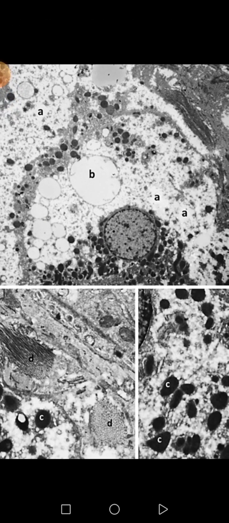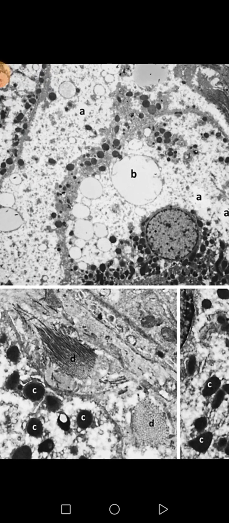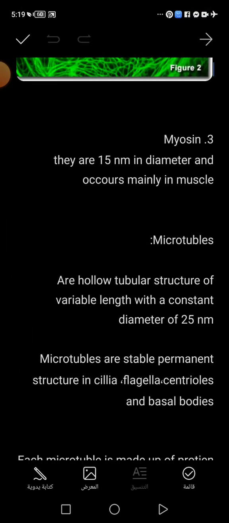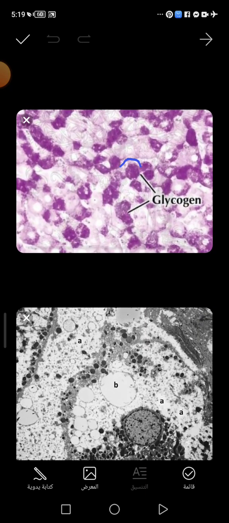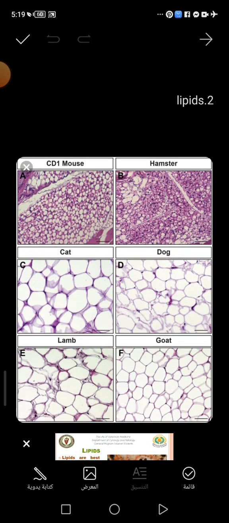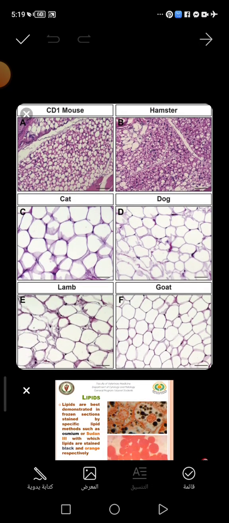Those are the adipocytes B, and the dark dots are the glycogens. We will come to the lipids or adipocyte cells, how they appear.